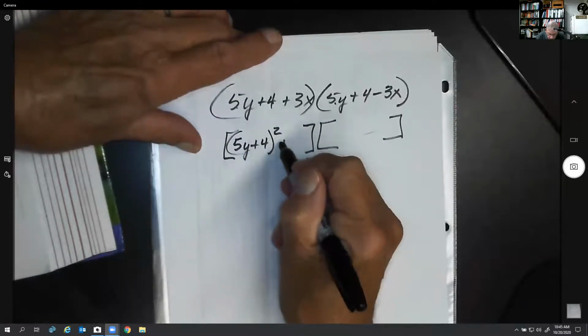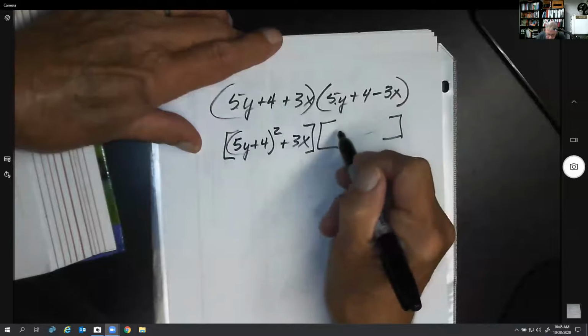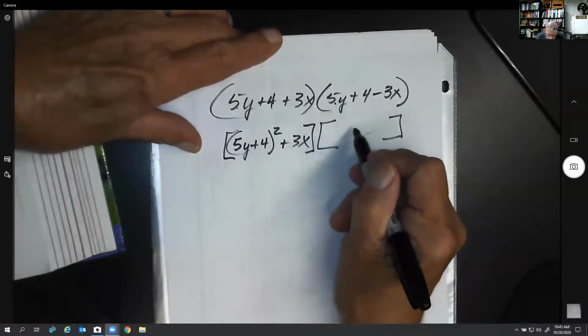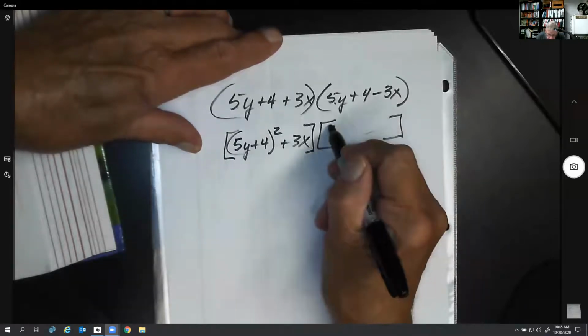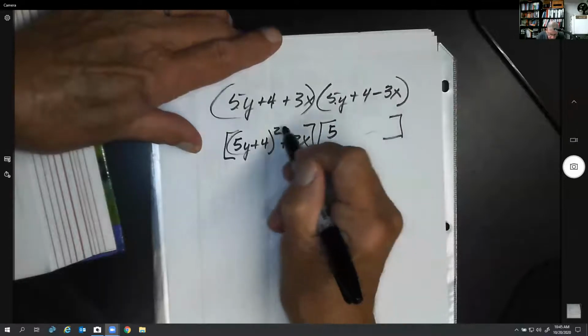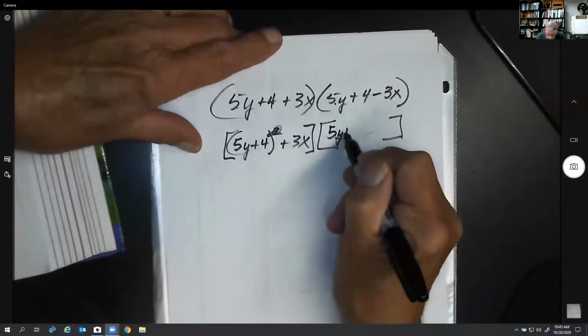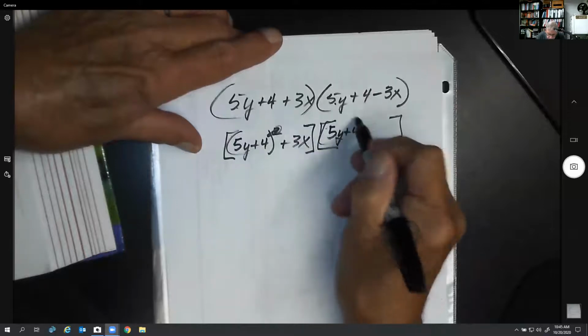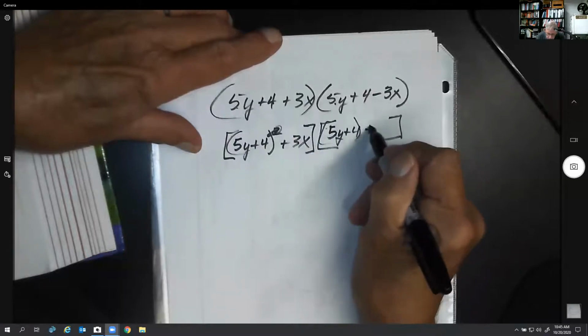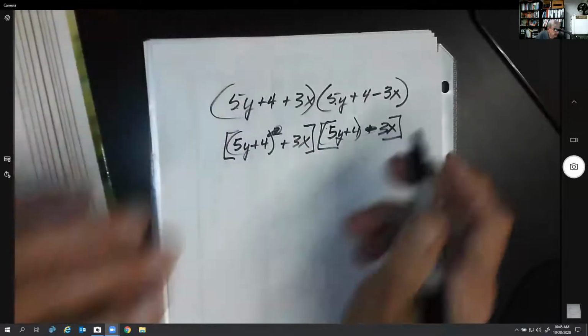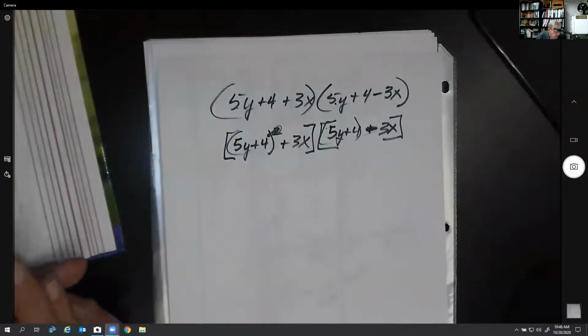I see a plus 3x and I see a minus 3x. You see, let's read it like this. Minus 3x. I see a pattern in here. I'm looking at this as a pattern.